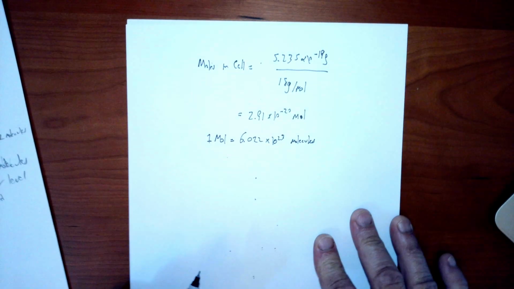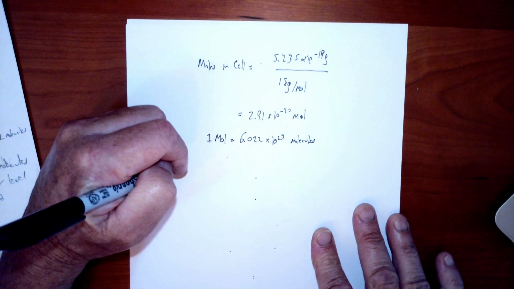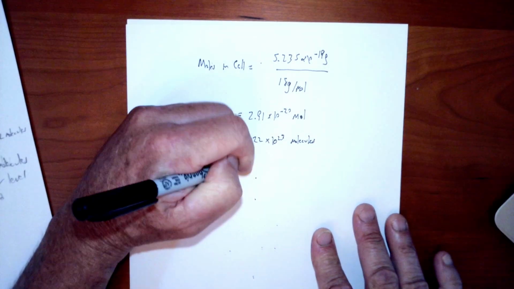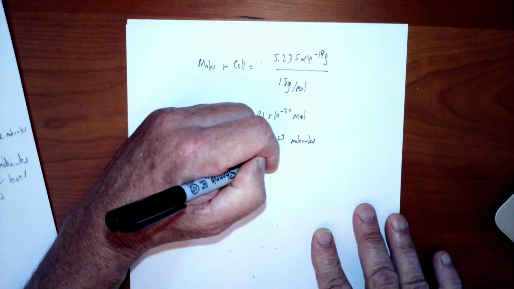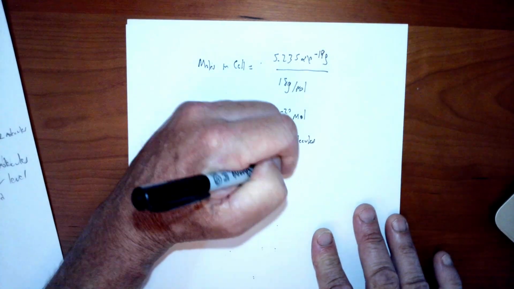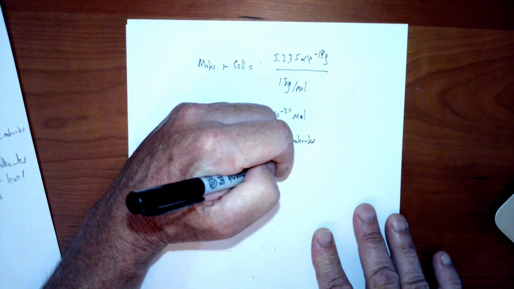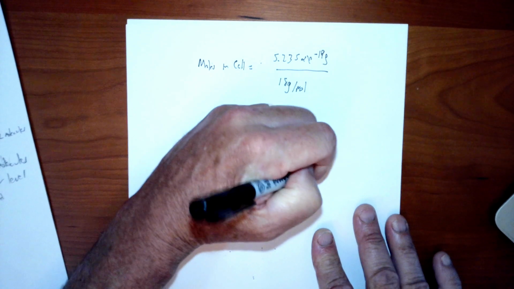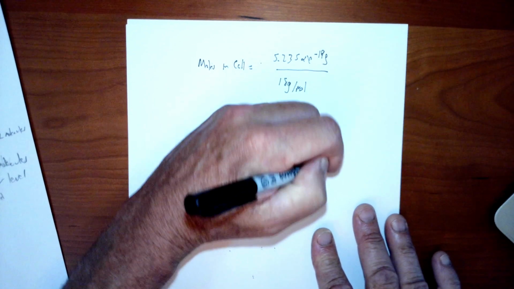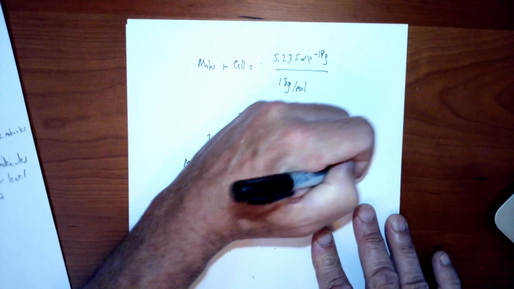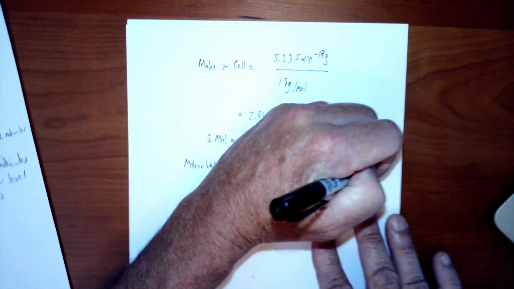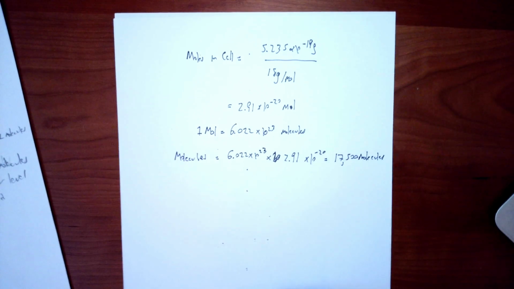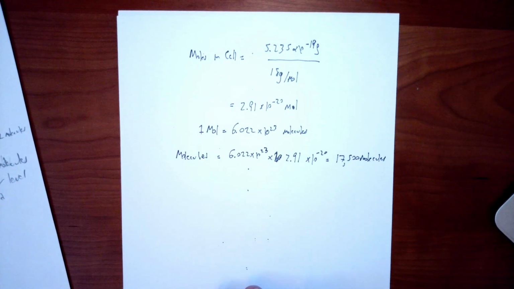So the number of molecules in my cell of water is roughly 6.022 times 10 to the 23rd times 2.91 times 10 to the negative 20, which gives an answer of roughly 17,500 molecules. So I have 17,500 molecules inside a single mammalian cell.